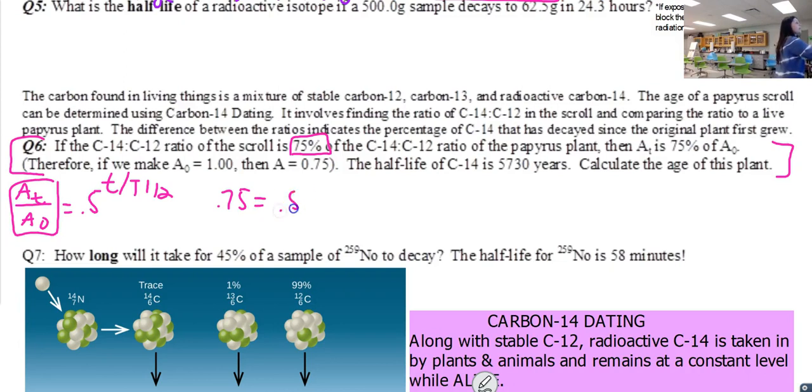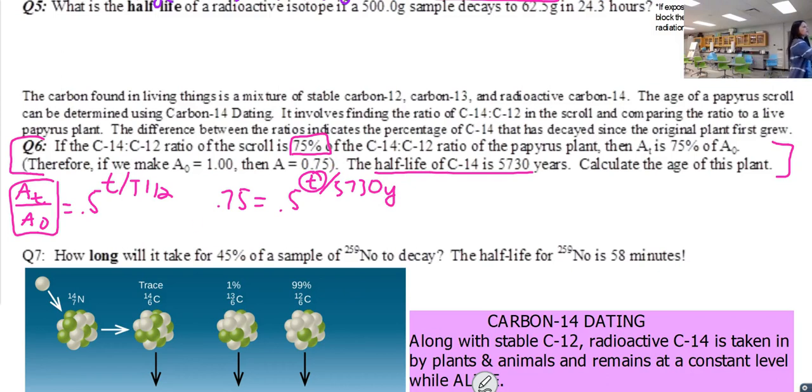So 0.75 is equal to 0.5 raised to the power of T, which is how old it is, divided by the half-life, 5,730 years. Now again, what do I need to do? I need to throw in the log, on both sides.